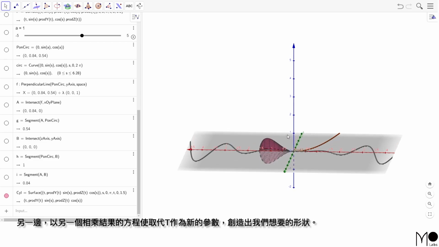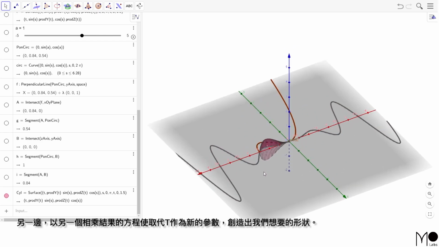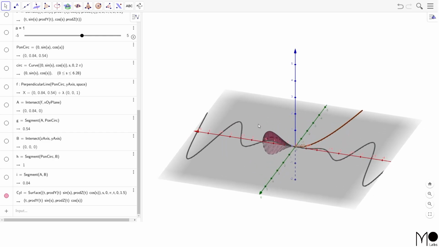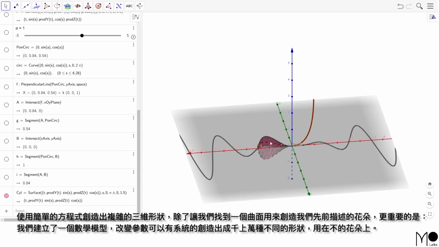It is a petal which goes beautifully curved up here and downwards and connects the middle again where it's going to be extremely narrow. So in this way, we were able to use simple functions to create a complex but nicely curved three-dimensional shape we can use as a petal.